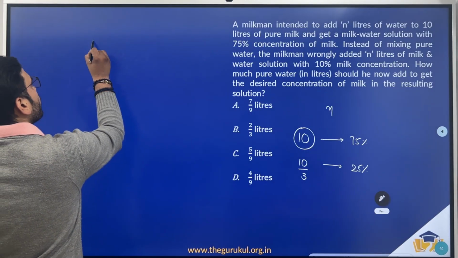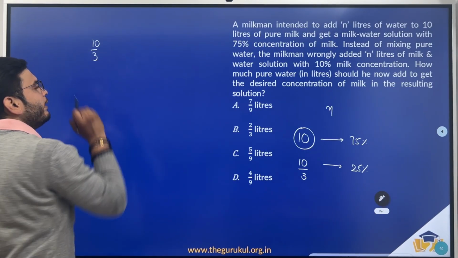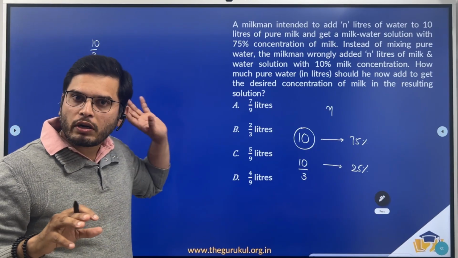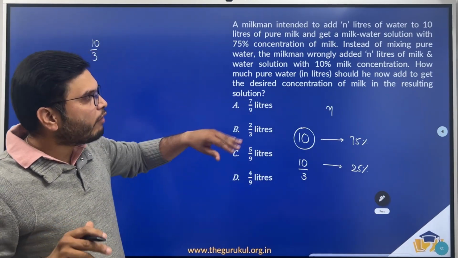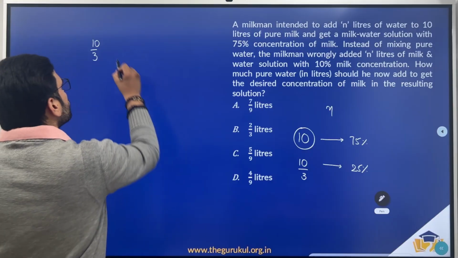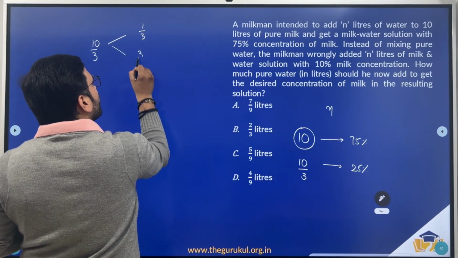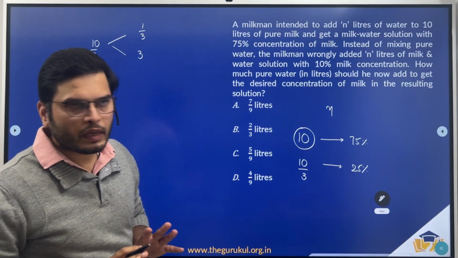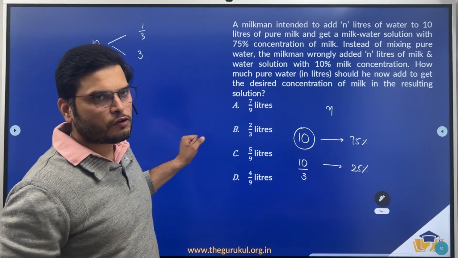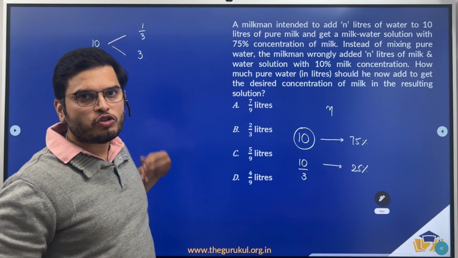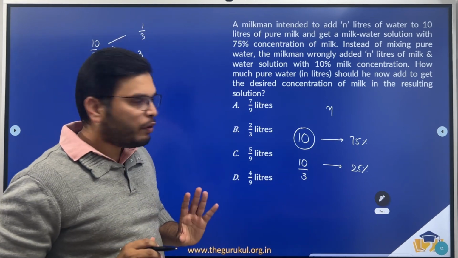So out of this 10 by 3 liters of solution, that's not pure water. We have 10% milk in that, so that would be 1 by 3 liters of milk and 3 liters of water, right?